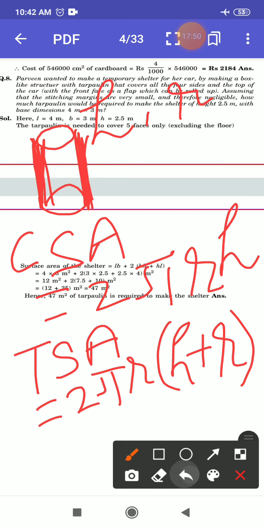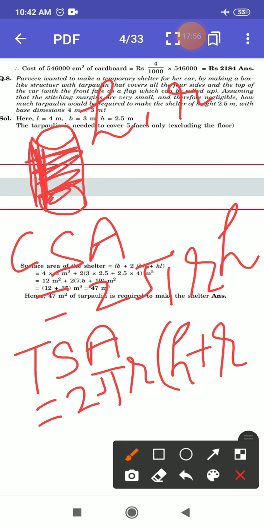And if you have to find the total value, that means you have to find this value, this value, this value and this value, all the area of a cylinder, then you have to use the total surface area. Okay, so I feel you now know the difference between CSA and TSA.